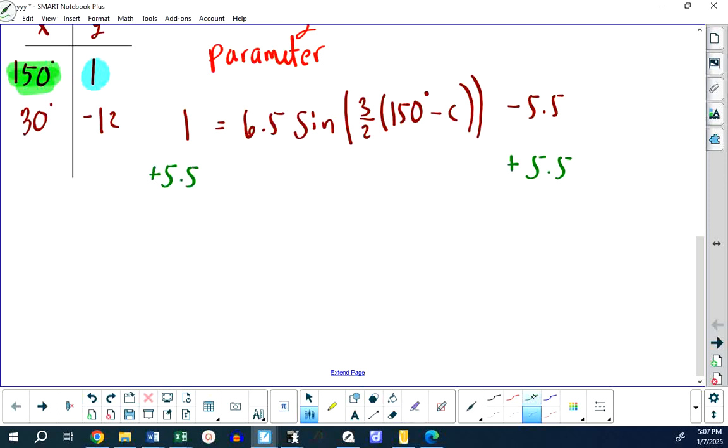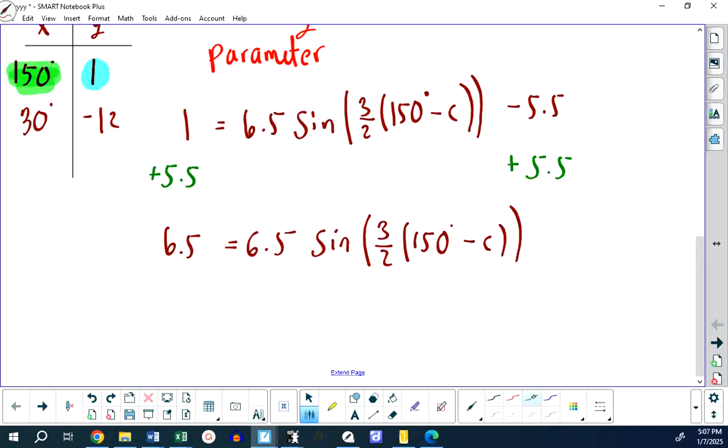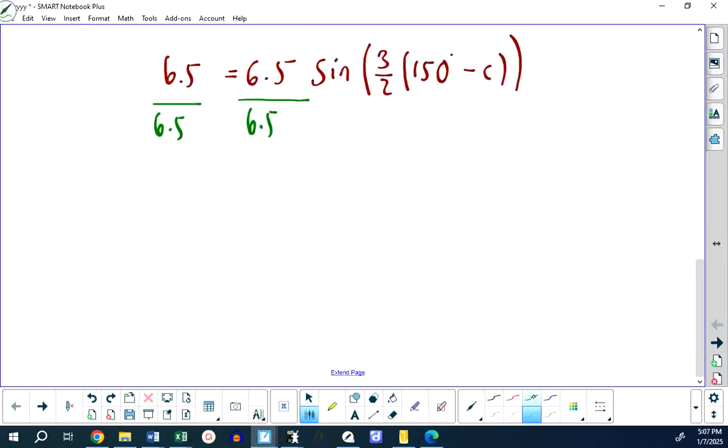I would start by adding 5.5 to both sides and getting 6.5 equals 6.5 sine of 3/2 times 150 degrees minus c. And then I'm going to divide both sides by 6.5. And I'm going to end up with the number 1 equals sine of 3/2 times 150 degrees minus c.